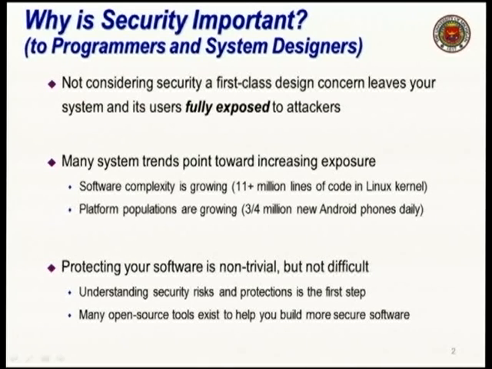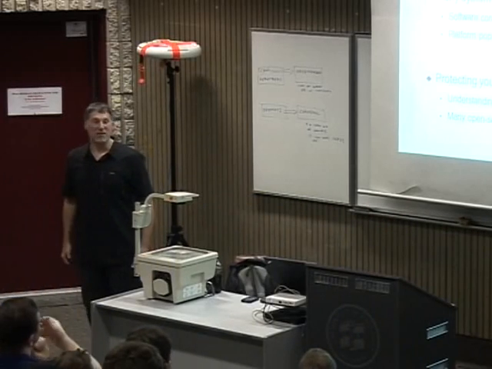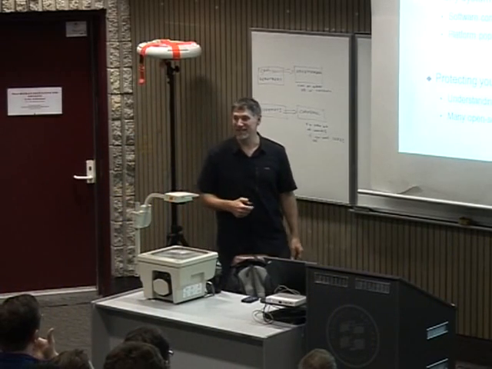There's just a lot more complexity, 11 million lines of source code. In December, they crossed 11 million lines of source code in Linux. And platform populations are growing. These are two things that make for easy attack vectors. In terms of platform populations, there's 750,000 new Android phones coming online every day. That's a lot of attack vectors.